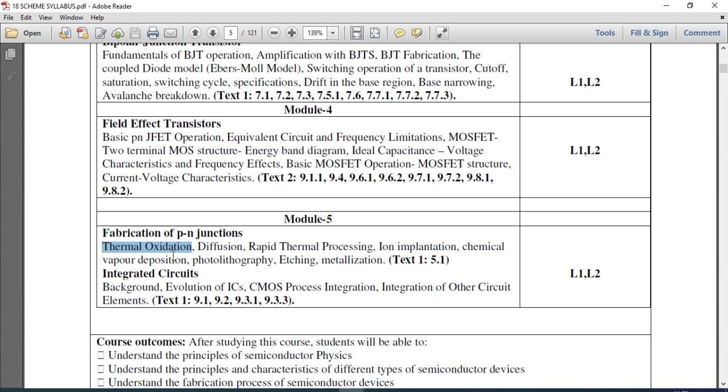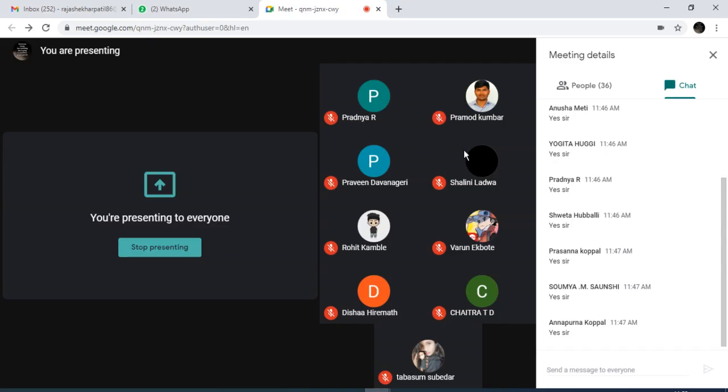I will show you how we are going to use this thermal oxidation and what is its importance in fabrication of PN junctions. PN junctions means I am going to use P-type or N-type material for manufacturing or fabricating the junctions.